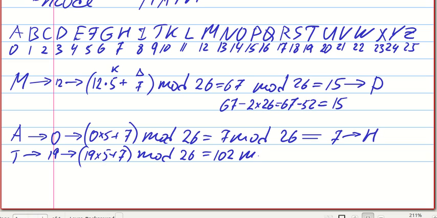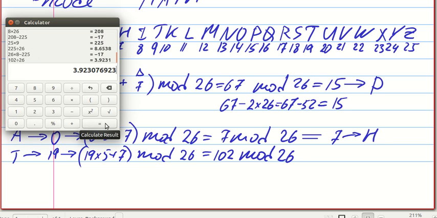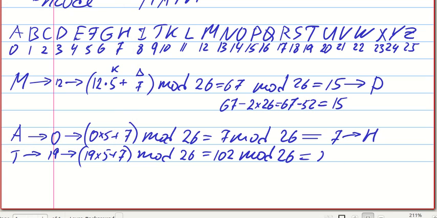So we get 102 mod 26. So maybe we should use a calculator. So we take 102, we divide by 26, we get 3 times. So it's 102 minus 3 times 26, so we get 24, which is Y.